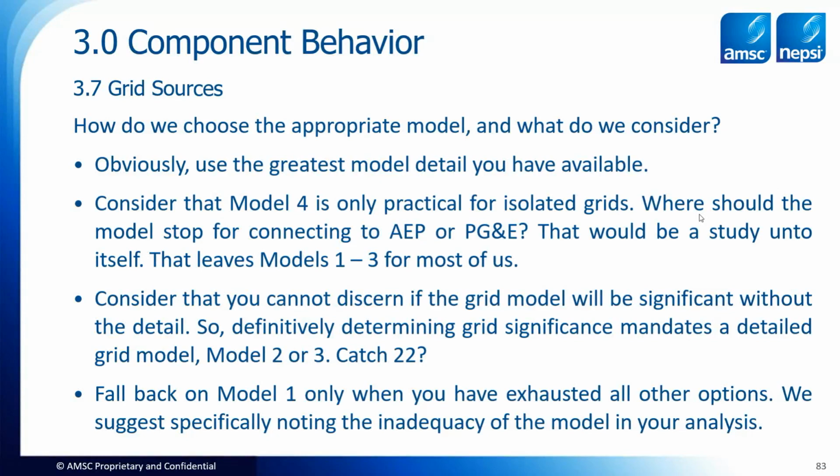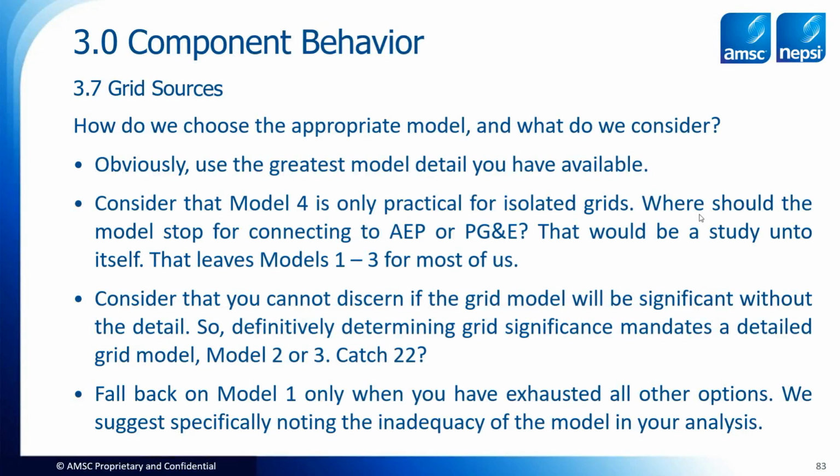So consider that, and this is really important, you can't really discern if the grid model will be significant without having the grid model, right? So definitively determining how significant the grid is mandates having that grid model. It's our catch-22 situation. When you're doing a harmonic analysis, you're going to say, well, should I do this detailed model of the grid, and should I expend the effort calling the utility and trying to get this information?